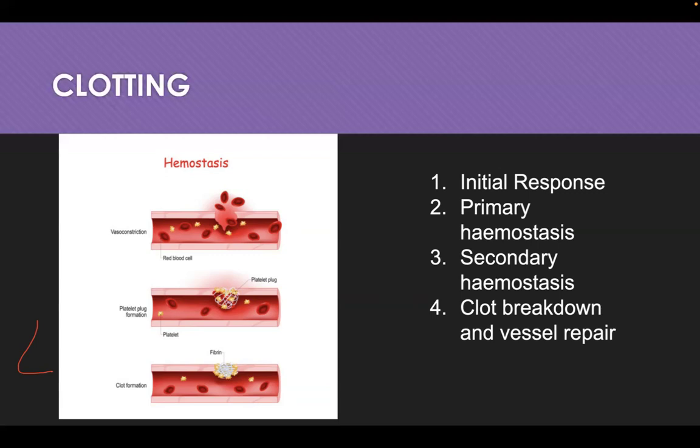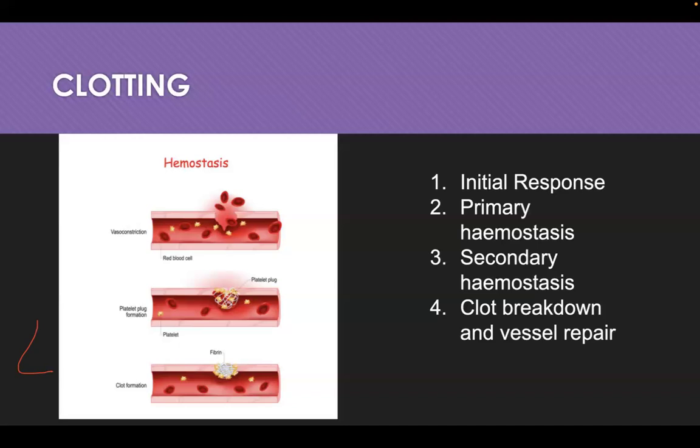So I think we can break it down into four actions. So, number one, the initial response. There is an injury to an artery, and that triggers local smooth muscle contraction and vasospasm. And so that means we can reduce the blood flow, reduce the pressure at the injury site to try and prevent any further blood loss.